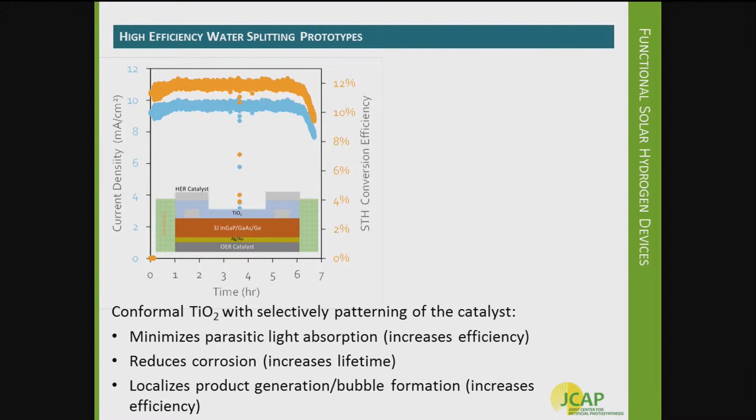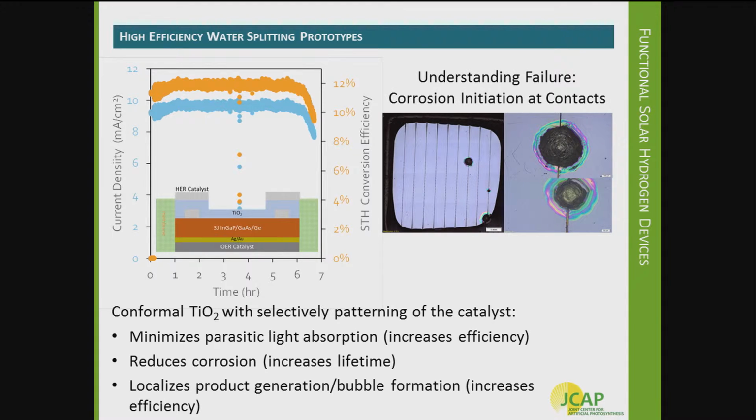On the top left here, you see the results of a functional test of one of these materials. As a function of time, this is showing the photocurrent density and corresponding solar to hydrogen conversion efficiency. We have an efficiency of about 12% for this particular device, and it's stable for about 6 hours. However, after that period of 6 hours, you see an eventual decline of that efficiency.